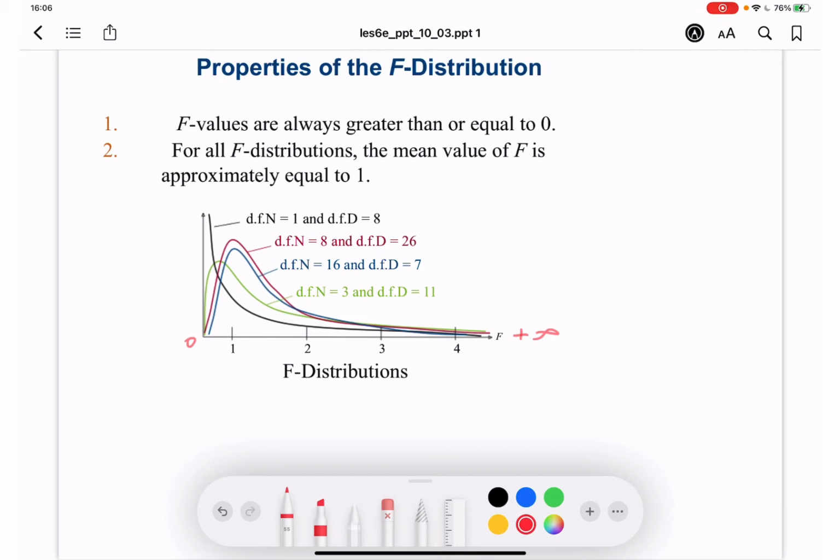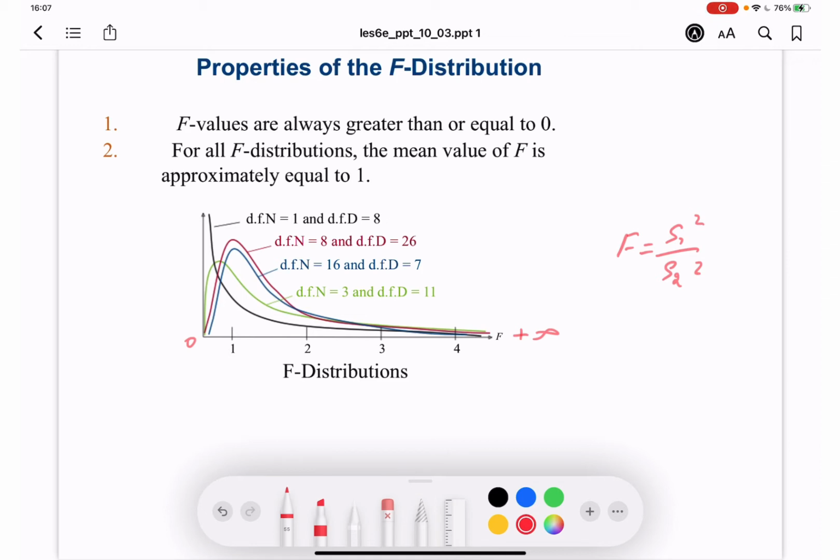For all F distributions, the mean of F is approximately equal to 1. The value of F can never be negative, and the shape of the distribution depends on the degrees of freedom of the numerator and denominator, because the F value is sigma 1 squared over sigma 2 squared, or S1 squared over S2 squared.